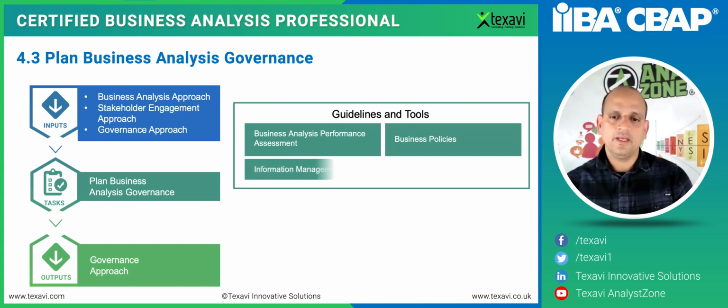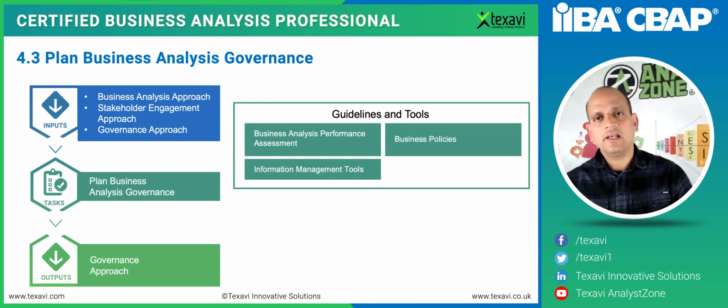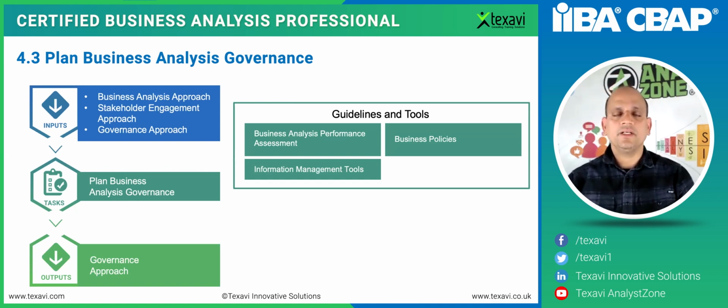All of those need to be, again, information management tools. This is to do with the communication channels, what kind of communication needs to be sent out. We're using Jira or some kind of these aspects. We need to be really clear with respect to what kind of policies and procedures we want to lay in place.